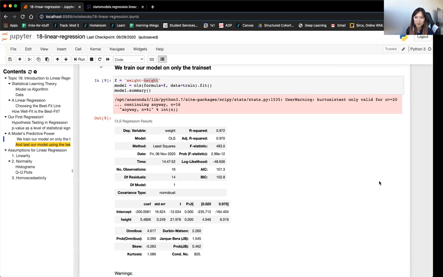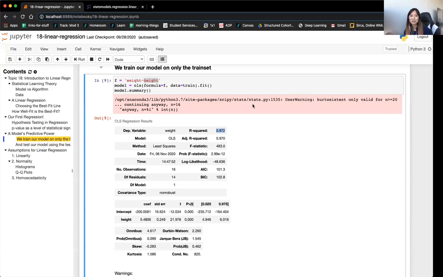And that's something that we'll talk about more on Tuesday. Doing something like that makes sure that, maybe by chance, by the randomness of the train test split, all the super tall people were in the training set and not in the testing set. And so when you test, the model is overfit to a specific subset of people, which gives you more inaccurate predictions when you use your test set. We'll talk about that more for sure next week. But yeah, cross-validation, which is doing multiple train test splits, is something that we do as well.